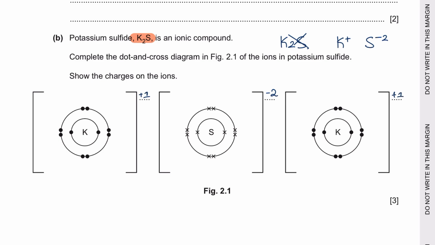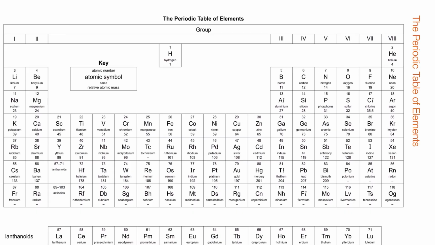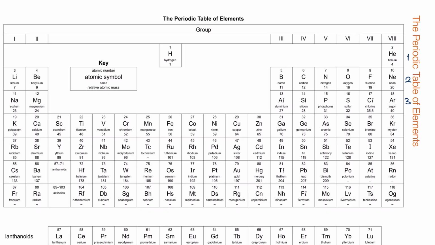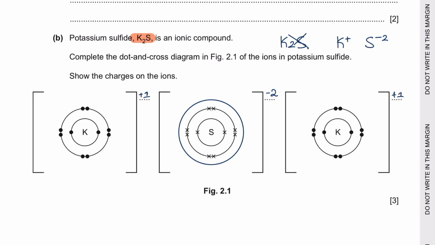Now that we have determined the charges, we can look into the periodic table. As sulfur is in period number 3, it will have 3 electron shells. So let's draw the third electron shell over here. And as it is in group number 6, it will have 6 valence electrons.